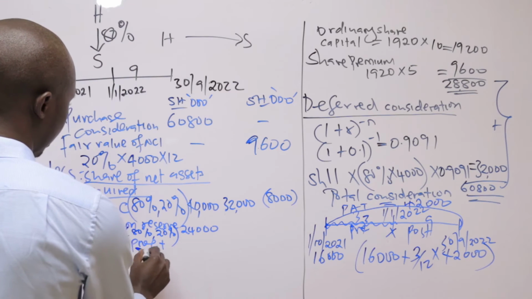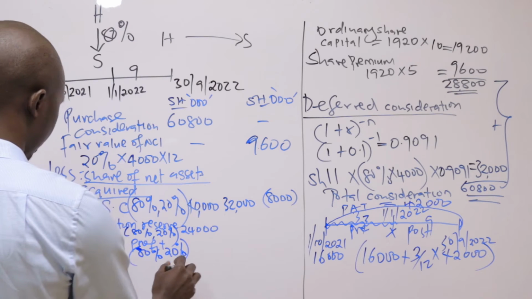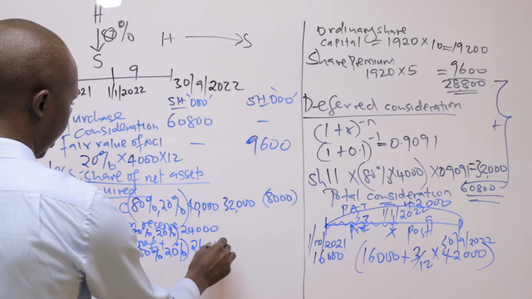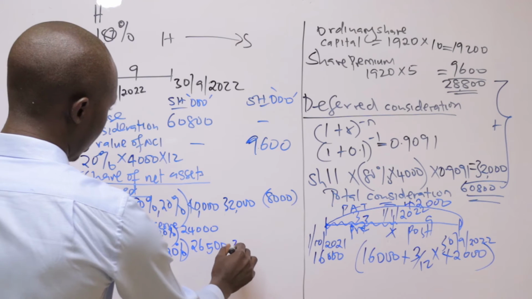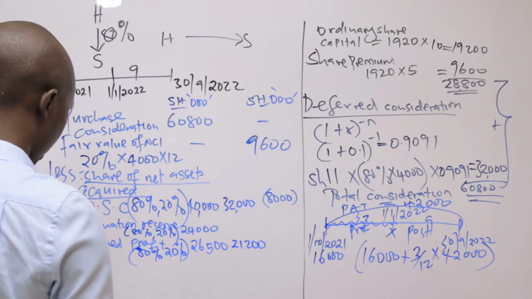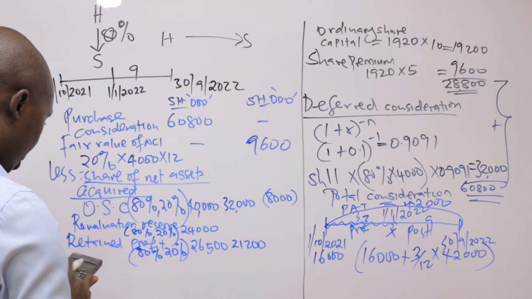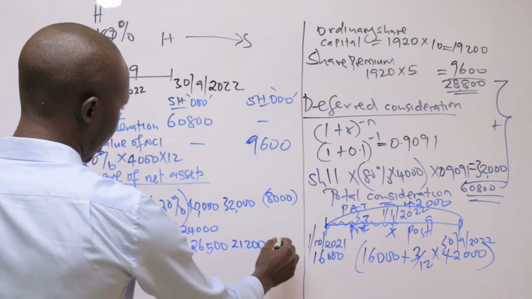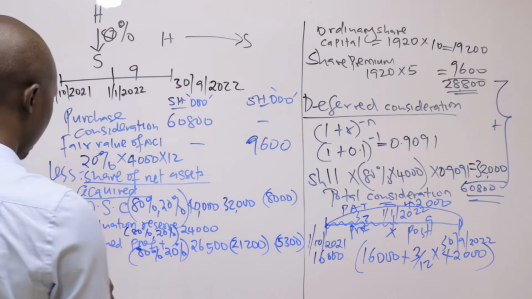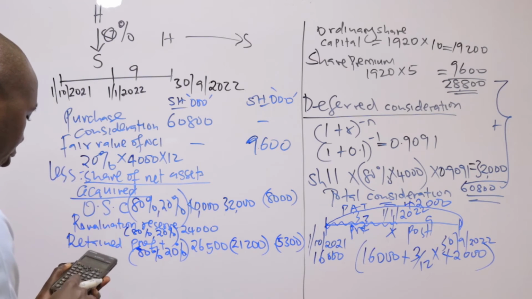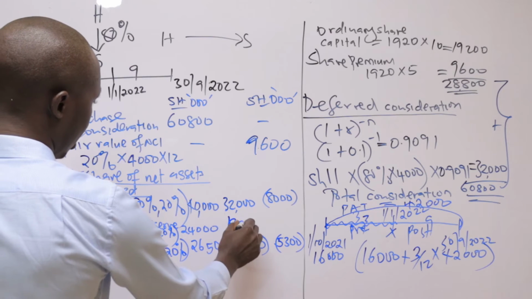So 80% and 20% of 26,500. 26,500 times 80% is 21,200. 26,500 times 20% is 5,300. What about this one? The revaluation reserve, 80% of 24,000, is 19,200.